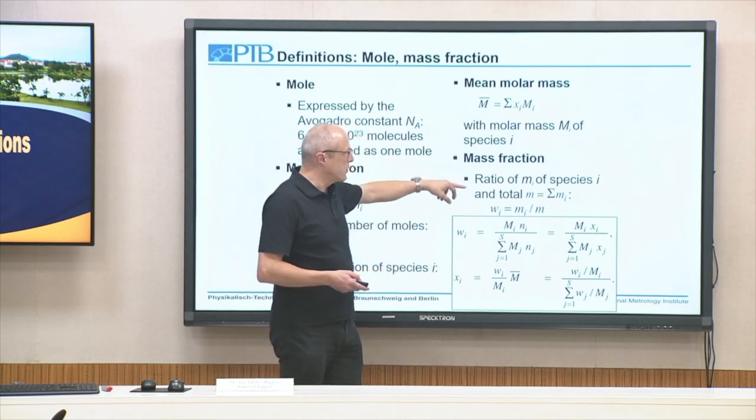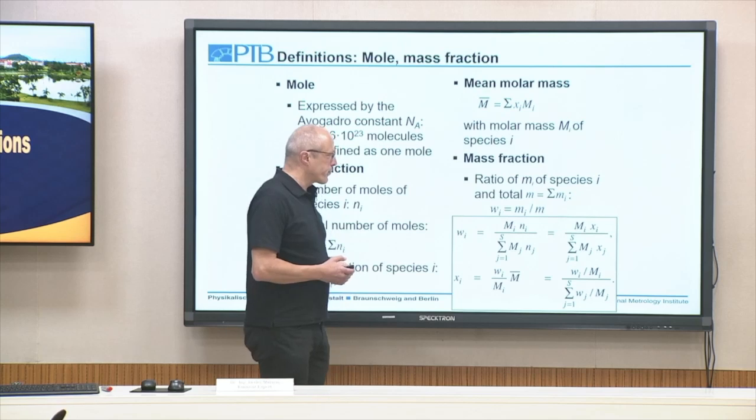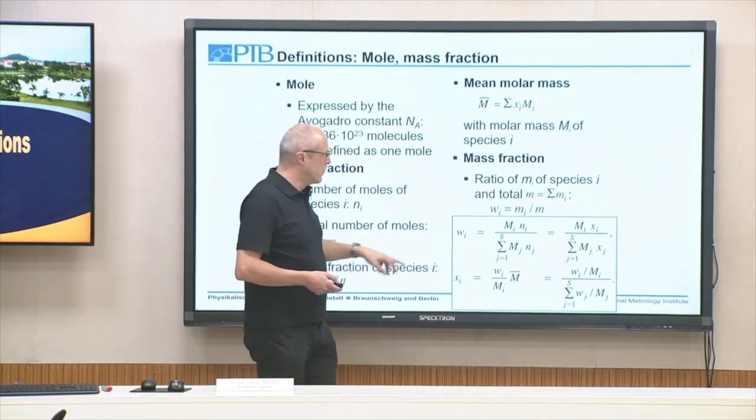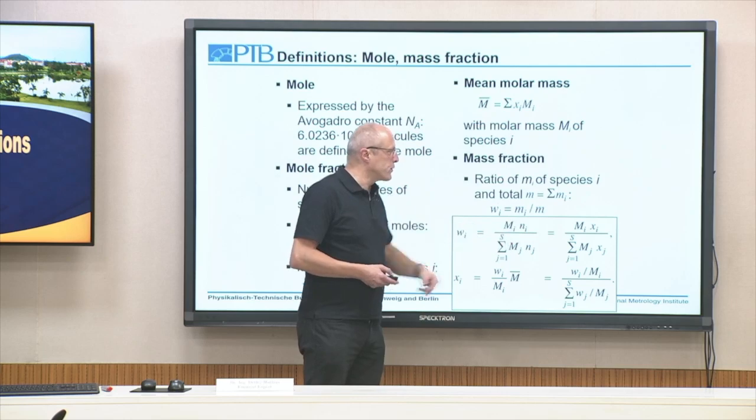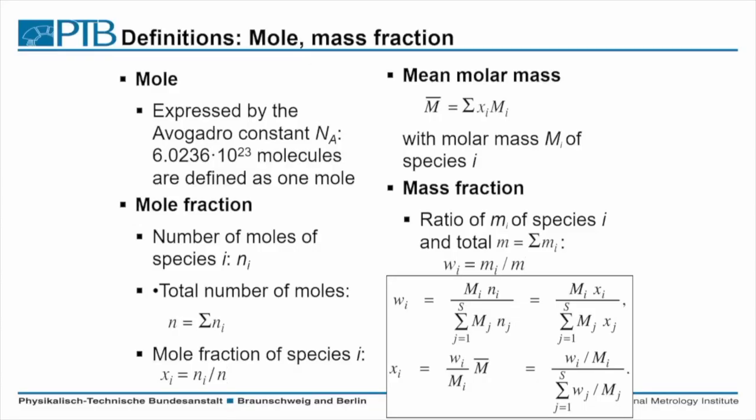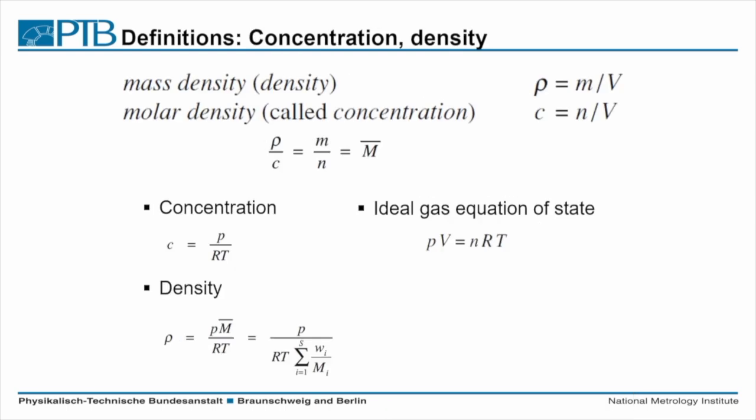We have the mass fraction, which is the part of the mass of species i of the total mass. And then there are several simple equations to yield each quantity from the others.